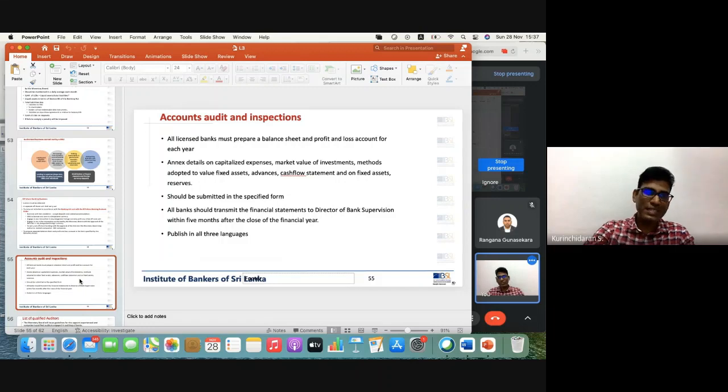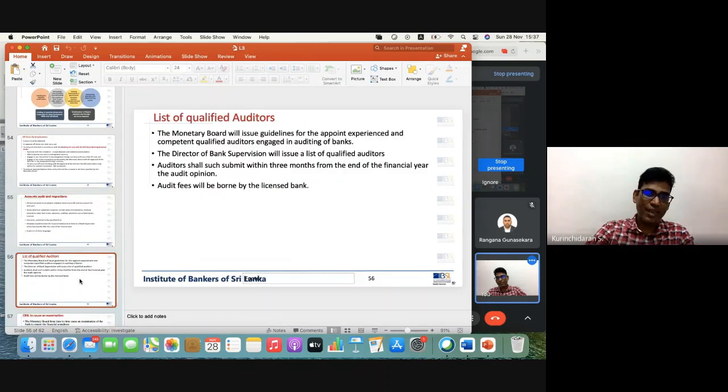Basically everything is regulated, and even the list of qualified auditors. The Director of Bank Supervision has the power to give a list of auditors who can do a bank audit.